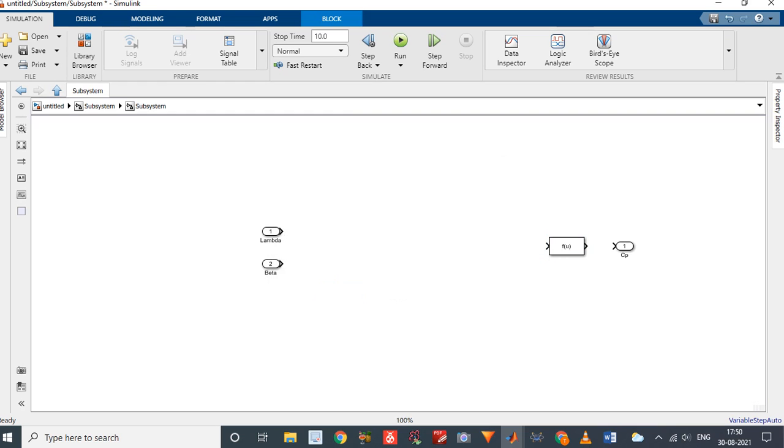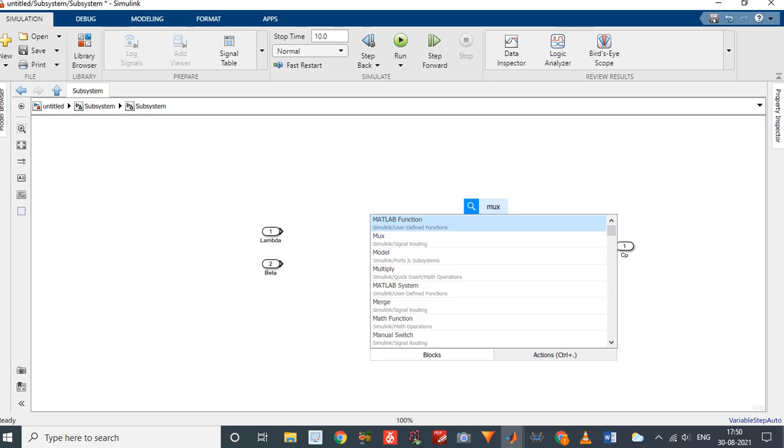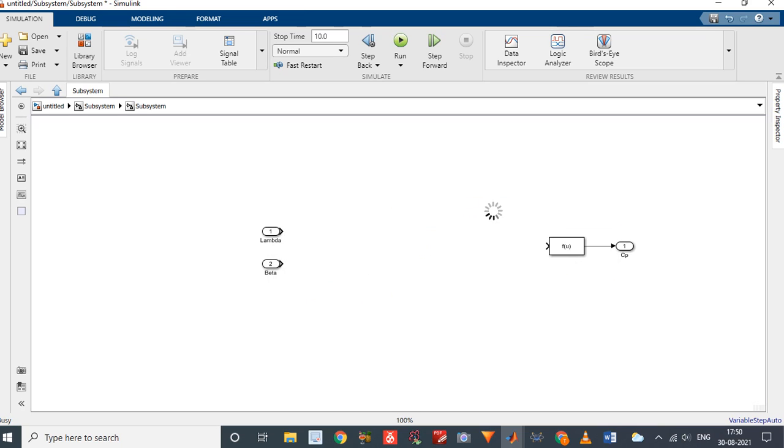So just close the bracket, apply, it's for CP. And again we have to get a mux here, because we are going to give 2 inputs. So take a mux. This lambda and the beta we have to give as an input, that's why I'm calling mux.